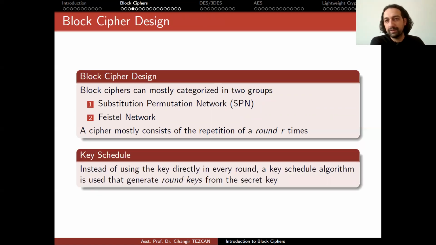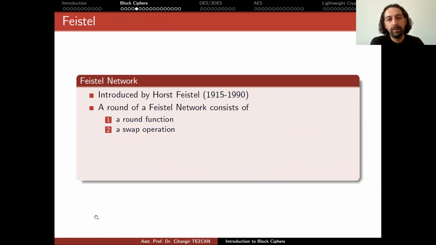And since we have a secret key, we have to find a way to use this key information and put it inside all of these rounds. So the designer of the block cipher also chooses or designs a key schedule algorithm. Instead of using the key directly in every round, a key schedule algorithm is used to generate round keys from the secret key.